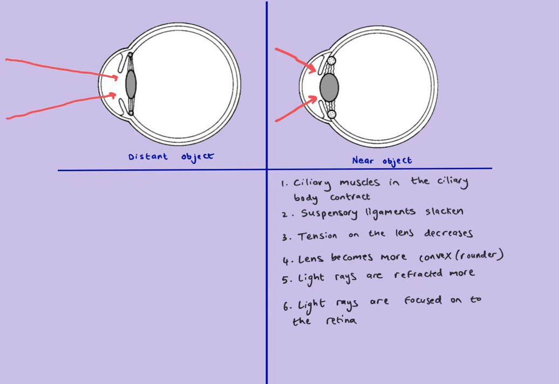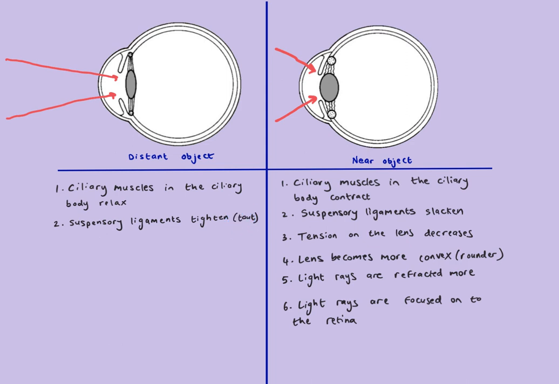So moving on to a distant object, it's the exact opposite. You can learn a near object really, really well, knowing that you start off with your ciliary muscles contracting, suspensory ligaments slacken, etc. Then everything is the opposite. For a distant object, the ciliary muscles in the ciliary body will relax. Suspensory ligaments will tighten, or we say become taut, T-A-U-T, taut.